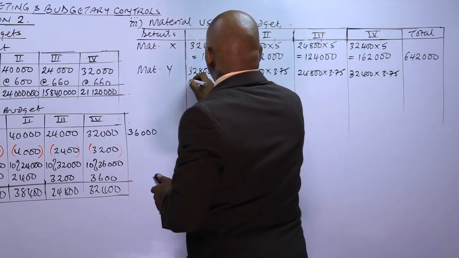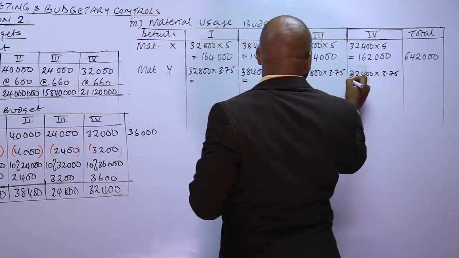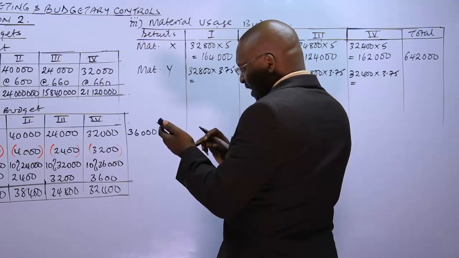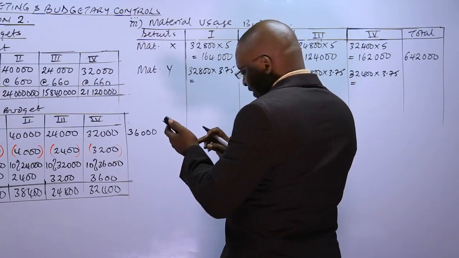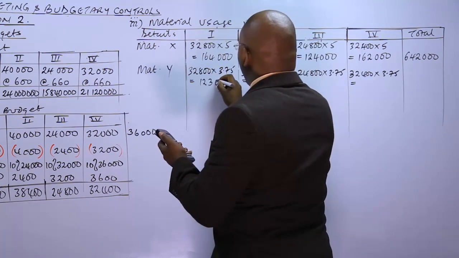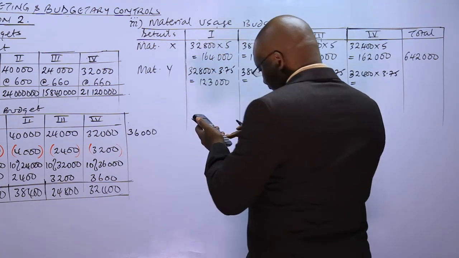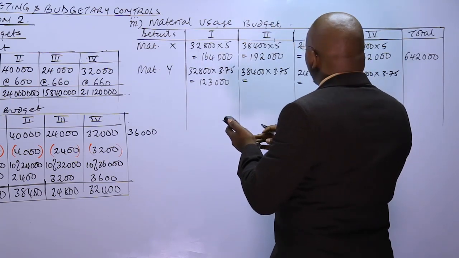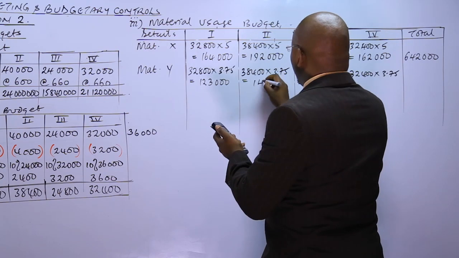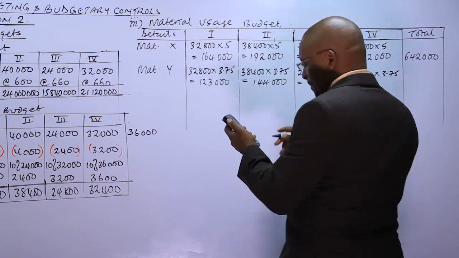So this shall give us a total. 32,800 multiplied by 3.75 is 123,000. 38,400 multiplied by 3.75 gives us 144,000.